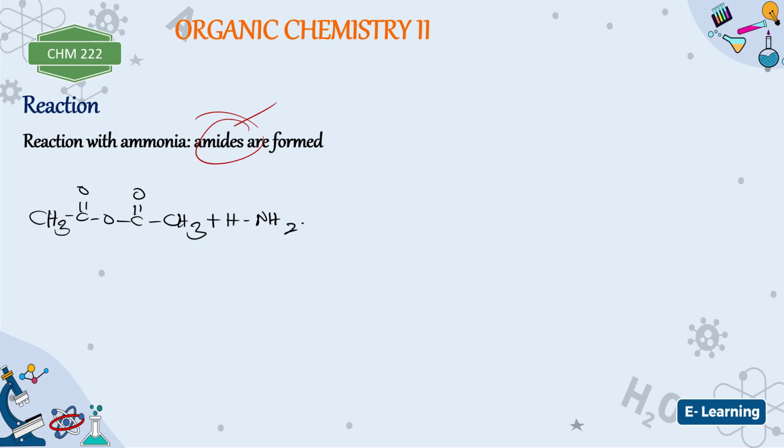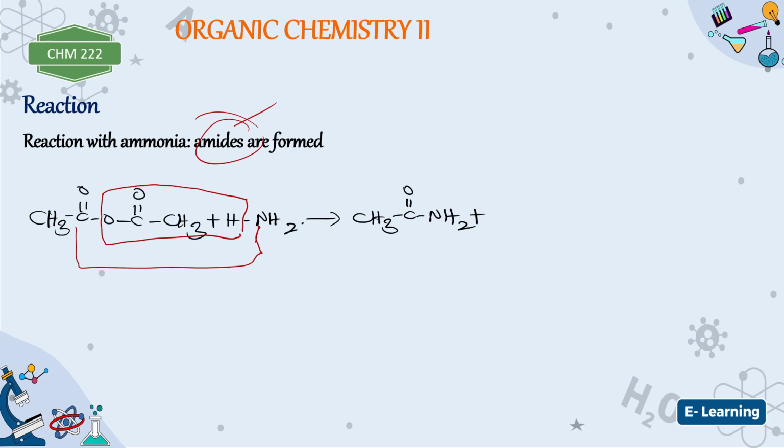Now what do they do here? Very easy. This nitrogen here combines with this group to form acetic acid. Then these two groups here combine with themselves to form an amide. So what do you think this is going to form? CH3, C double bond O, NH2, plus acetic acid rather, CH3, C double bond O, there you have OH.